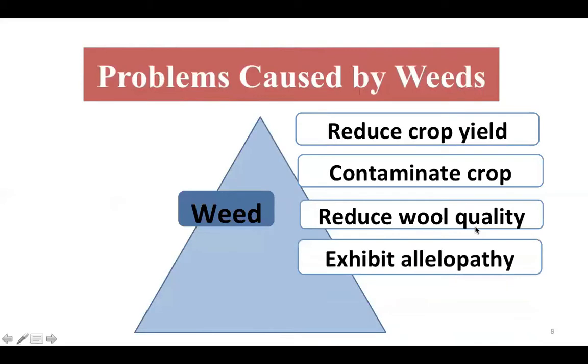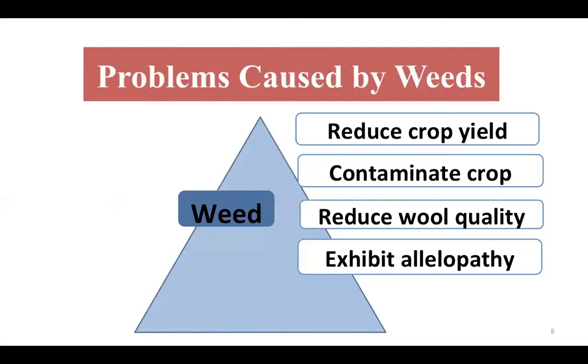They exhibit allelopathy. So what is allelopathy? It refers to the beneficial or the harmful effect of one plant on another plant, both crop and weed species, from the release of biochemicals known as allelochemicals. These are released from the plant parts by the process of leaching, root exudation, volatilization, residue decomposition, and many other processes in both natural and agricultural systems.